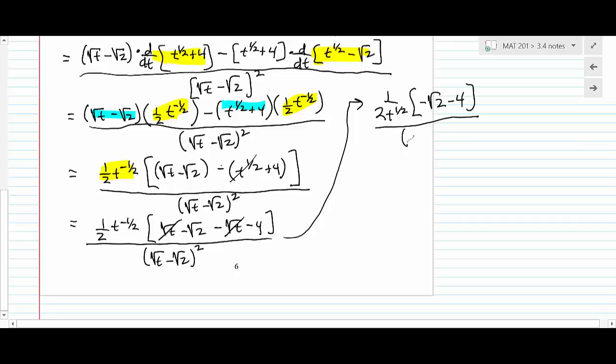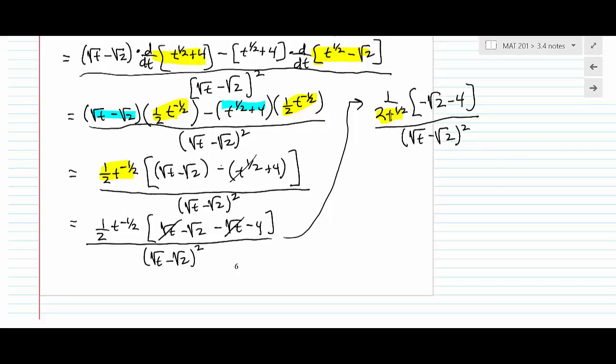And then I'm going to leave this alone like this. And then the only thing I'd probably suggest even doing on this one is, you've got a complex fraction, so I would just get rid of it. So the idea from here is you would like this to go away. You have a fraction within a fraction. So tell me what you could do to make that 2t to the 1/2 go away.